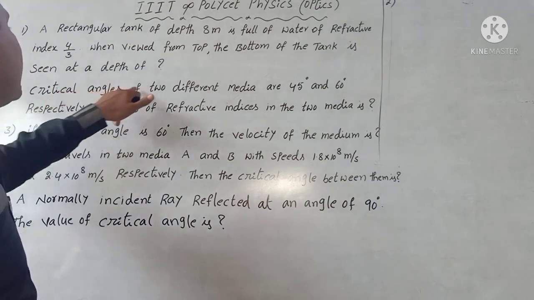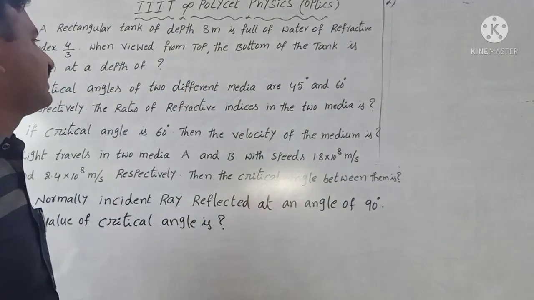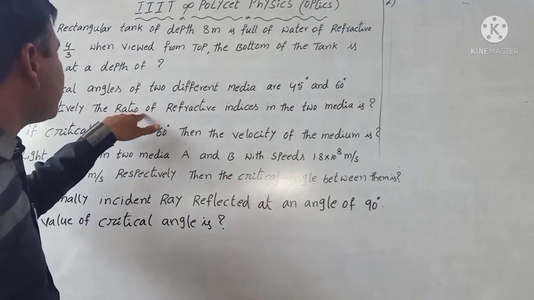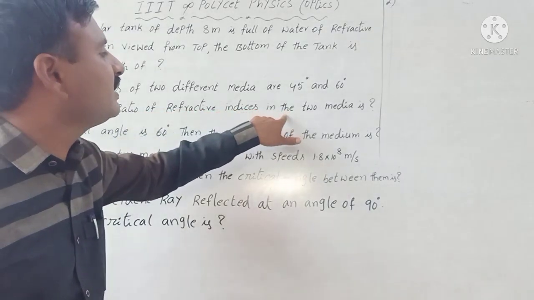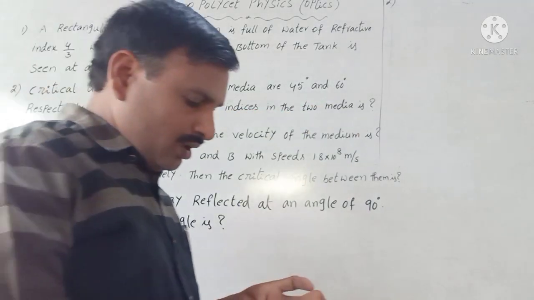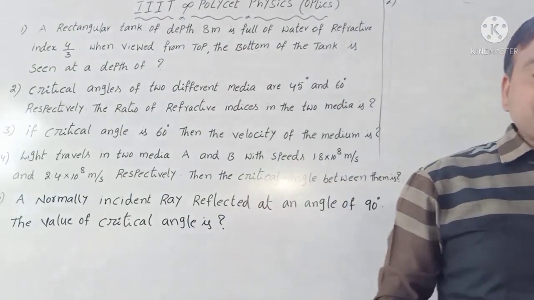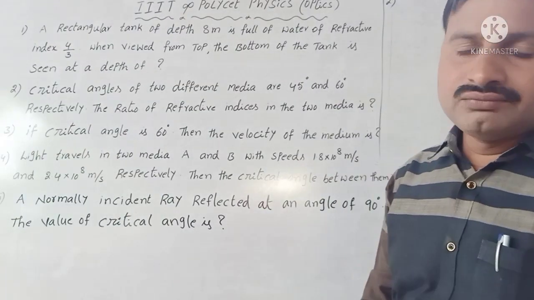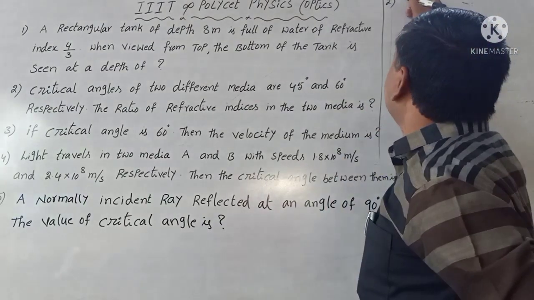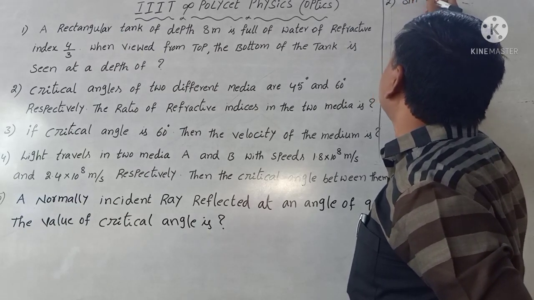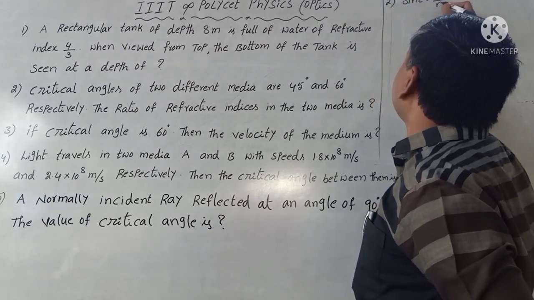The ratio of refractive indices in the two media is asked. You already know the critical angle formula: sin C is equal to 1 by n.